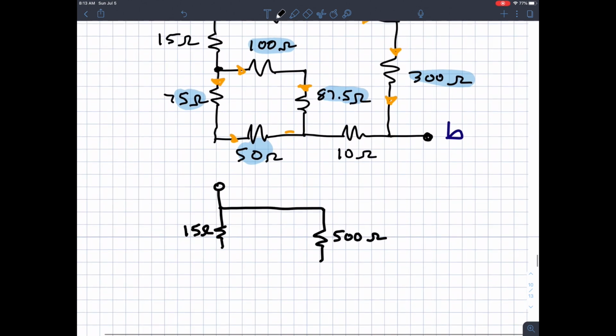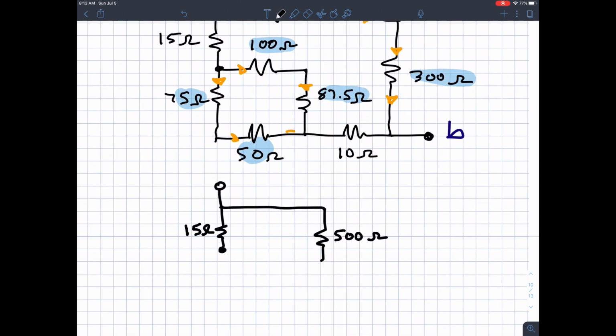Then the 100 in series with the 87.5 becomes an equivalent resistance of 187.5. I'm going to drop the ohms because it crowds the diagram. And the 75 and the 50 combine to 125.